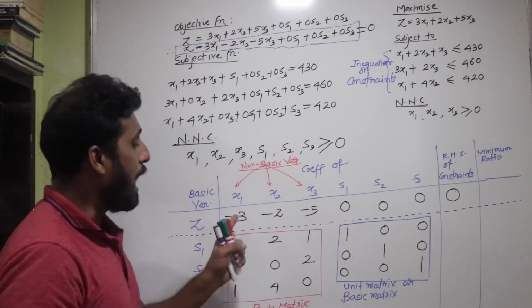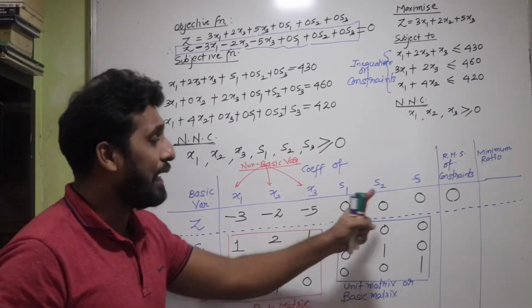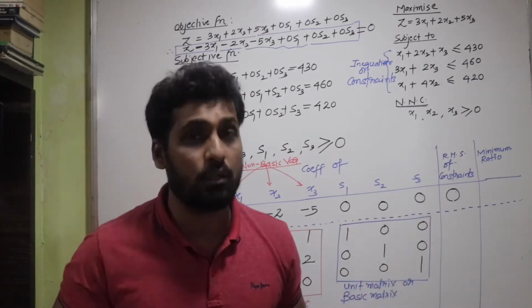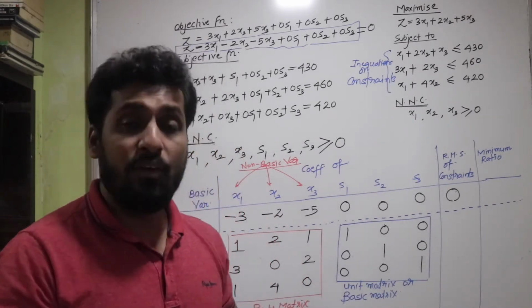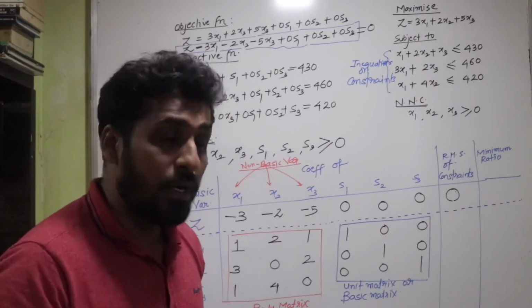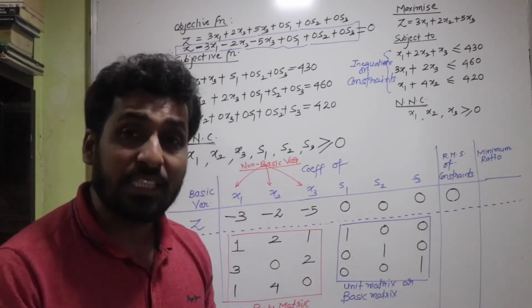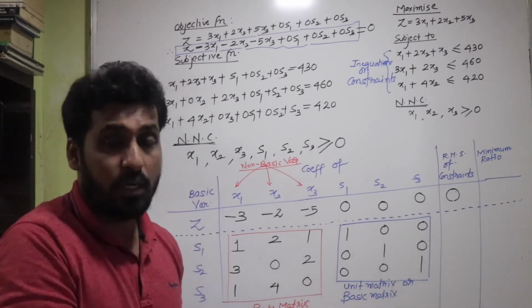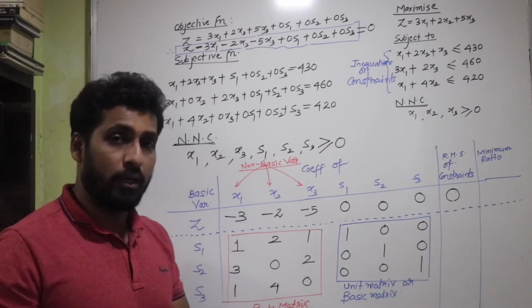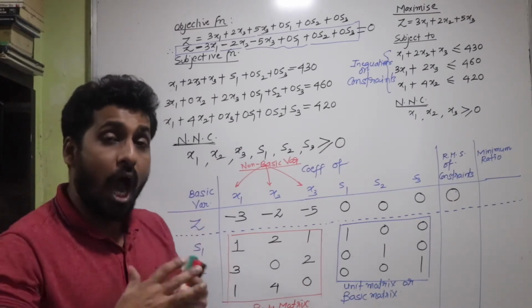So here I can see there is -3, -2, -5. There are three negative numbers. That means the value 0 is not the optimum solution. I will have to go ahead. I will have to make one more table to get the optimum value of Z. Now, the next concept you should understand is something called an incoming vector and an outgoing vector.